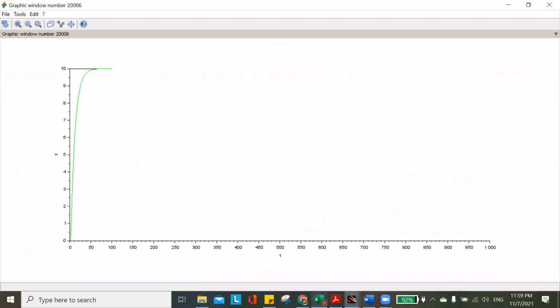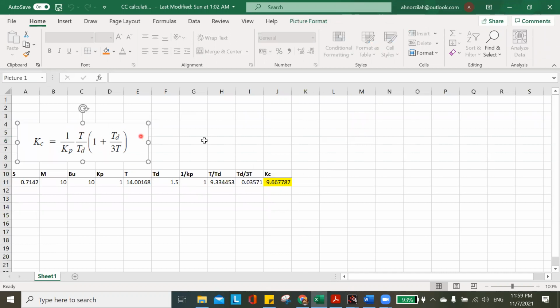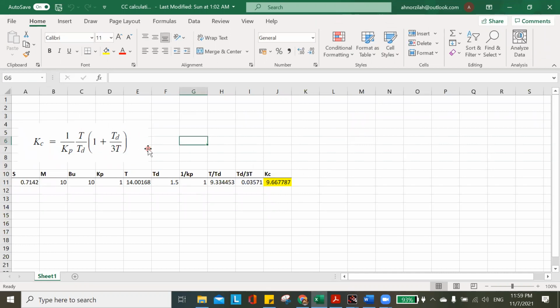What I did is I used Excel, because if you refer to the Cohen setting table, there are several formulas to calculate the parameters of the controller according to the type of controller. For the proportional controller, the parameter is KC. So this is the formula to get the value of KC. I just use Excel to make my calculation easier.